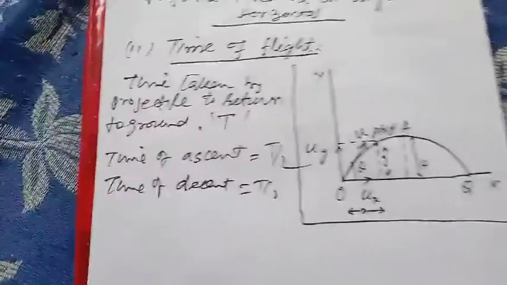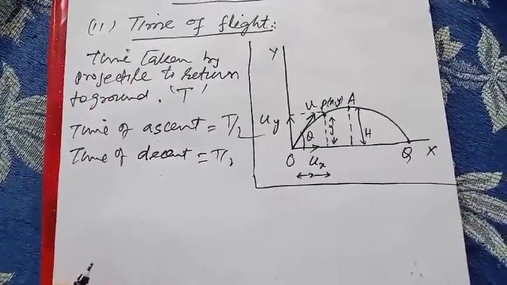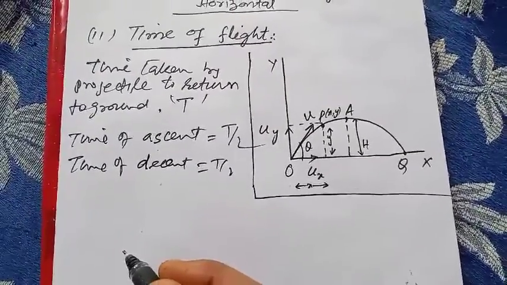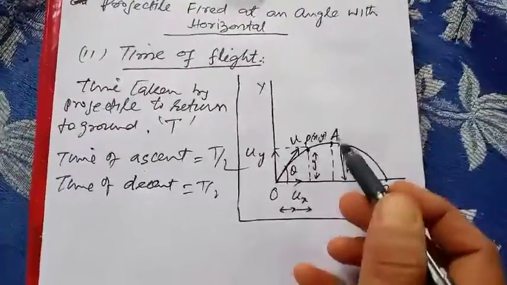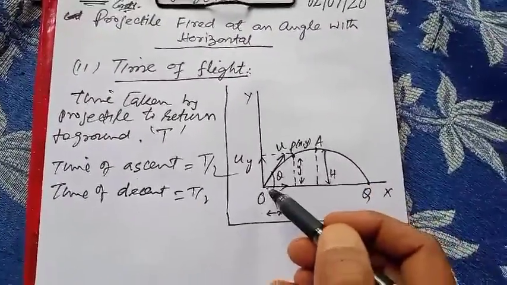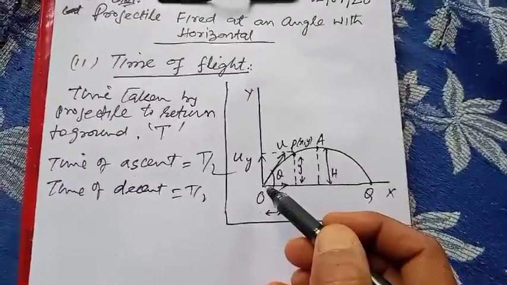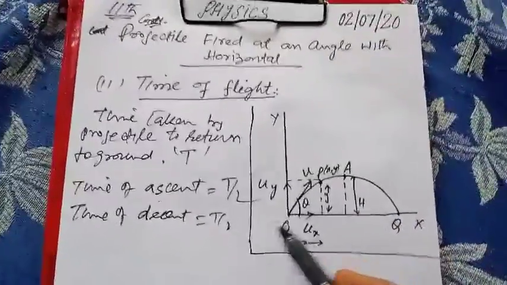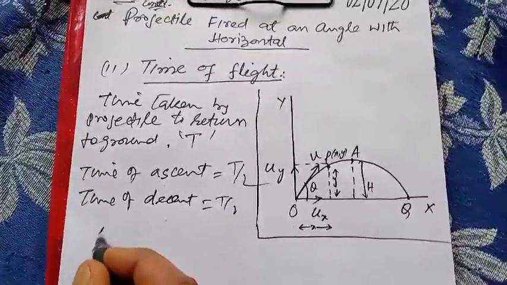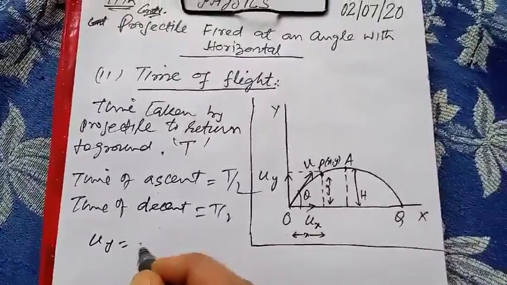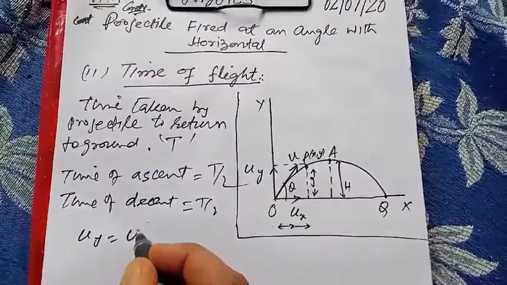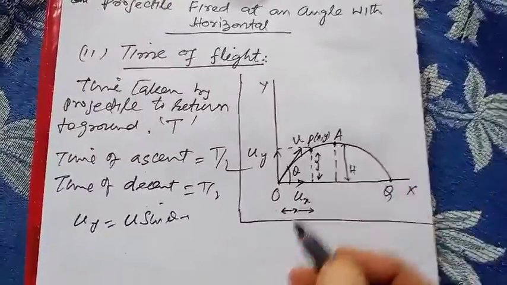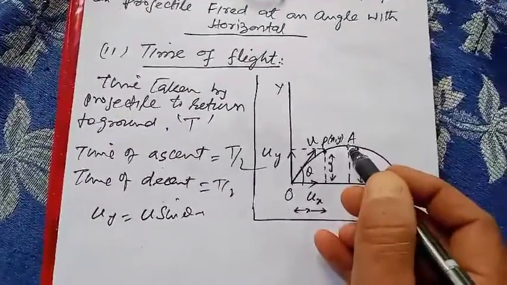Now we will derive the relation for time of flight. We will consider the first part from O to A. This projectile is moving with an initial vertical velocity u y equal to u sin theta, and it reaches the highest point A. At A, it momentarily stops.